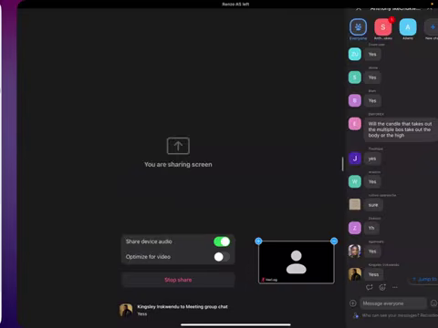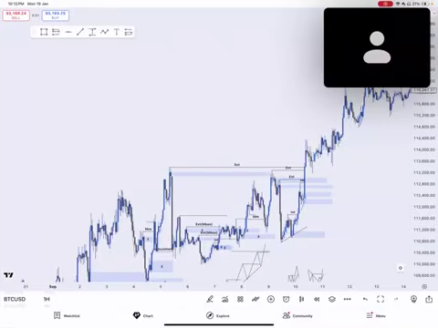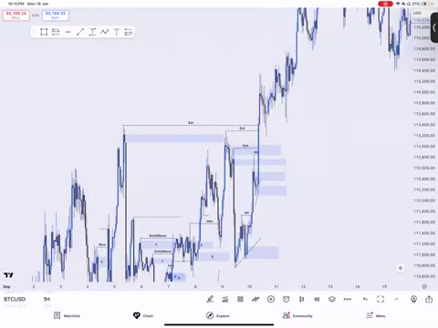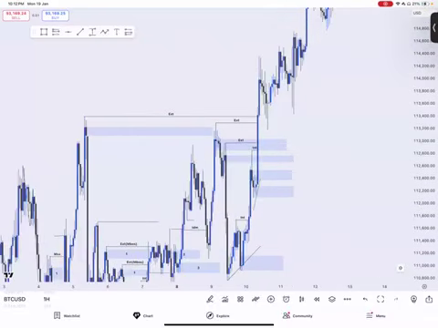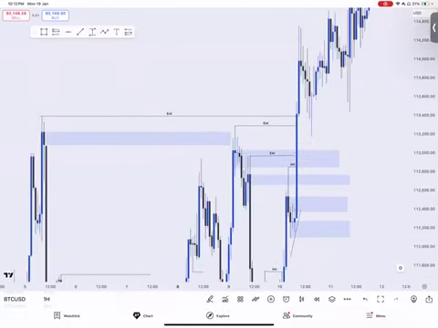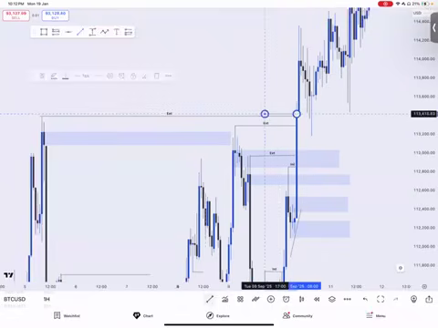Okay, all right. So now, the zones that were taken out. So now the inducement would be the pullback. Like I said, it can be a candle wick as well, as long as the body closure of the multiple closure candle gets taken out.